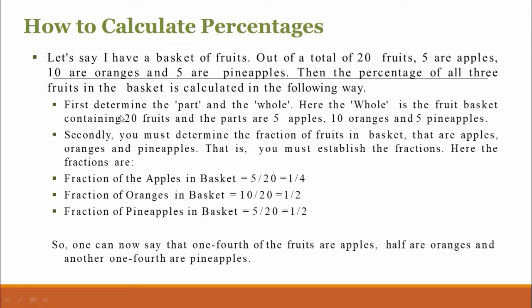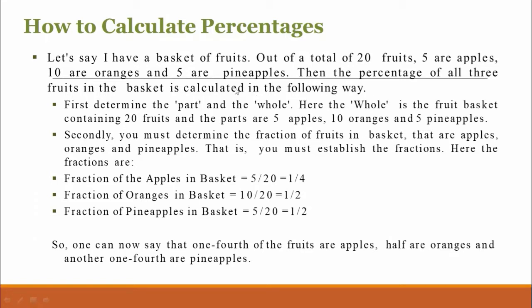First, determine the part and the whole. The whole is 20, the fruit basket containing 20 fruits. The part of apple is 5, the part of orange is 10, and the part of pineapple is 5.